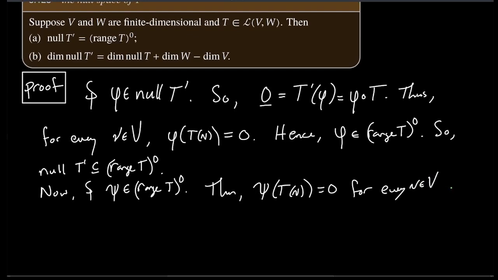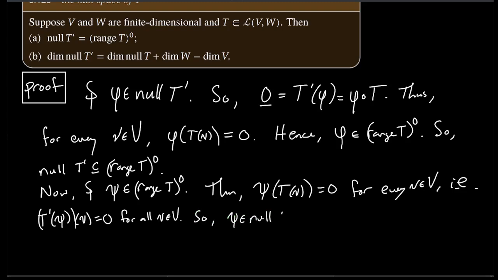We're just basically going to undo this calculation, i.e., T prime of psi of v, so whatever that functional is, evaluated at v is 0 for all v in V. So notice, this means that psi is in the null space of T prime.